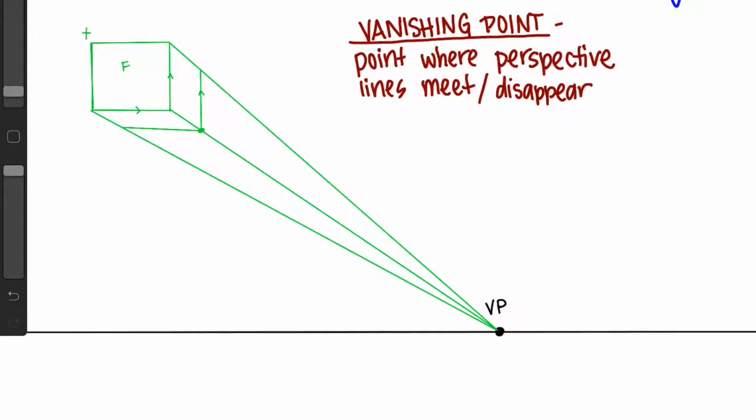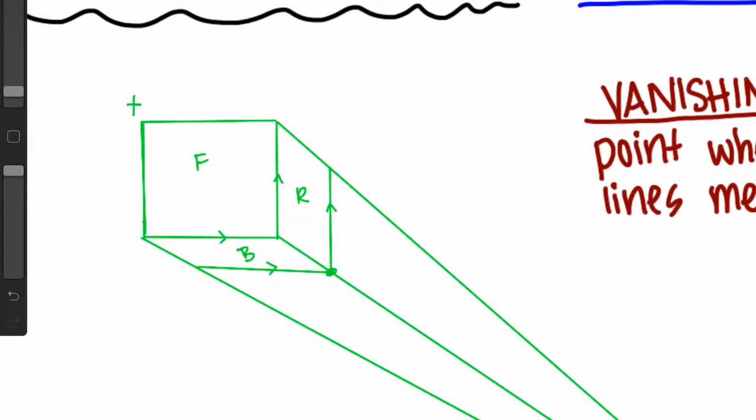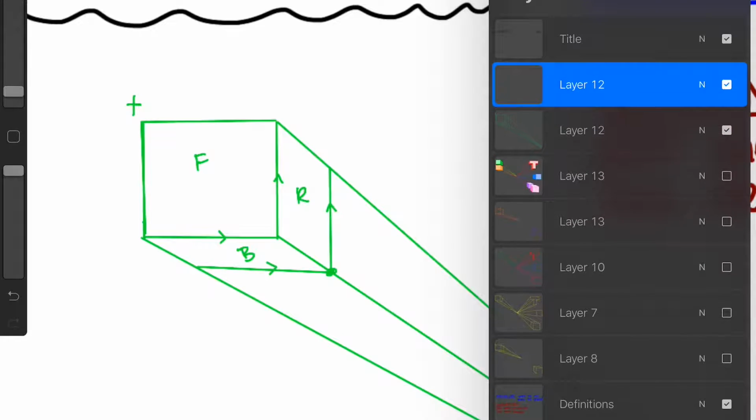So really try to aim for parallel lines. Use whatever trick will help you the best, and you can see if I extend those that they are parallel. So now I have the right side of this box and I have the bottom of it. For us, we're going to color that in to make it a little bit easier to see.